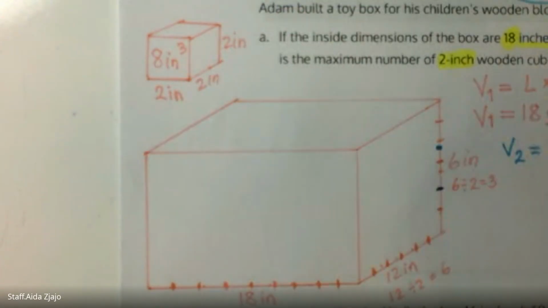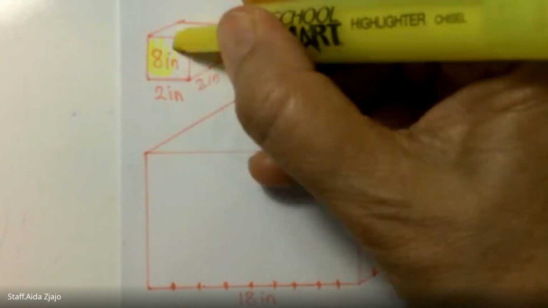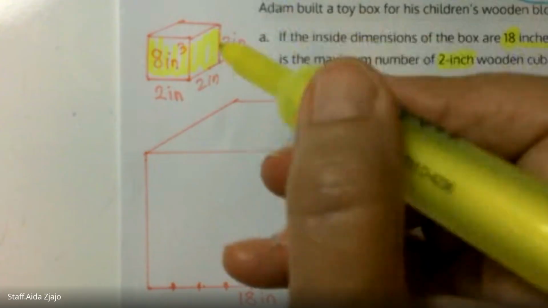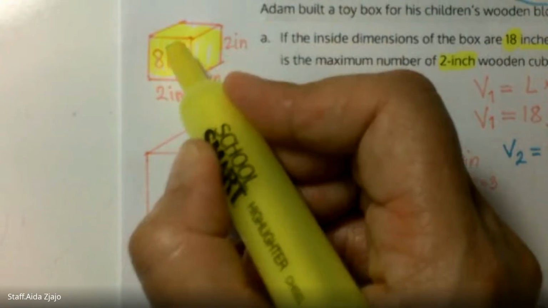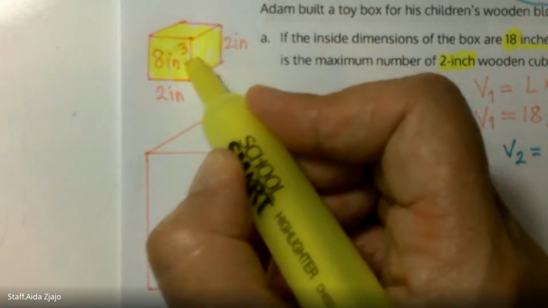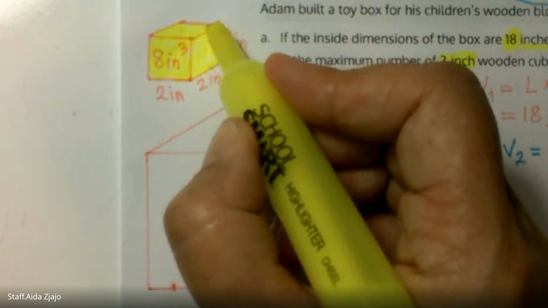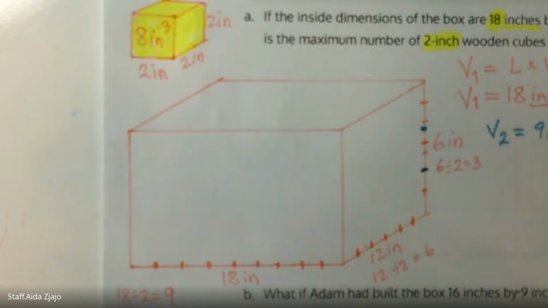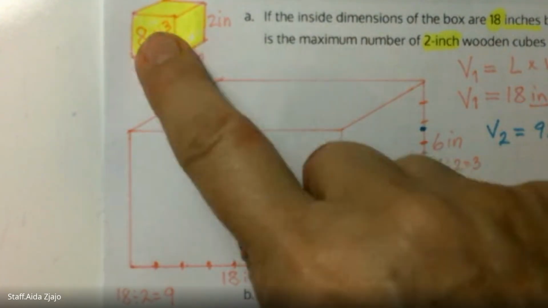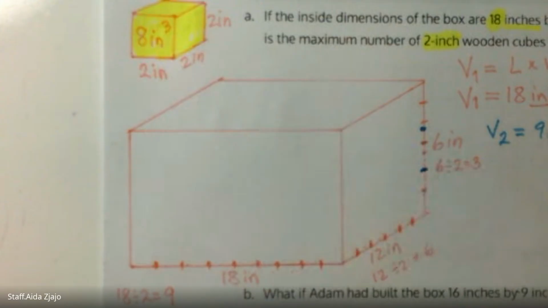So this is the size of the wooden cube that this child will put in the box. If you look at the picture, the question is how many of these will fit in this.